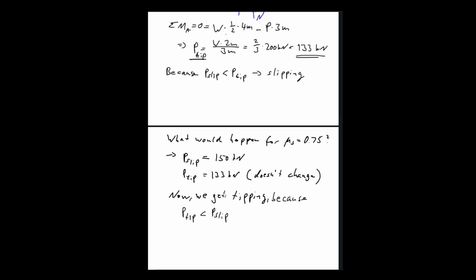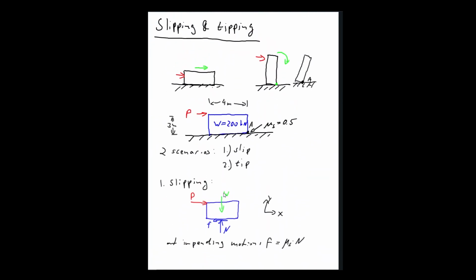Again, if we think about our little picture here, if this box starts tipping before it stops sliding, then it's going to be tipped over, and then we'll have a whole new configuration to think about for slipping.